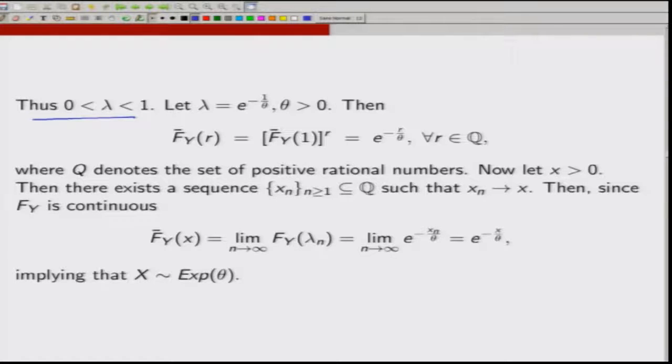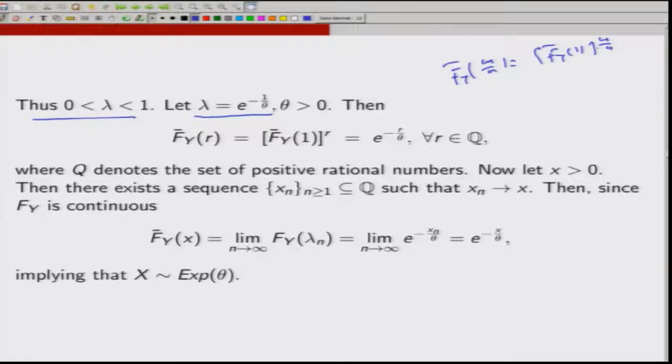So, if lambda is strictly between 0 and 1, I can always write down lambda as e to power minus 1 by theta for some theta greater than 0. So, let lambda be the same as e to power minus 1 by theta, theta greater than 0. Then we have seen that f bar y to power m by n is same as f bar y 1 to power m by n. This is the same.